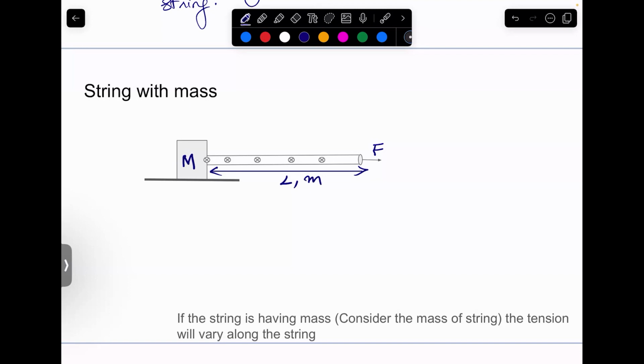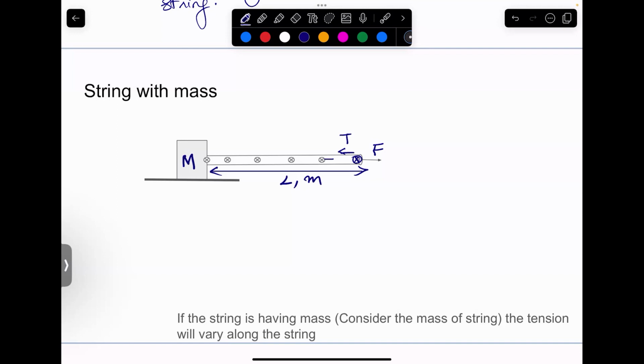So now what will happen? Consider this point here. Because this point is being pulled by force F, it will have a reaction pair here, right? Action reaction pair.